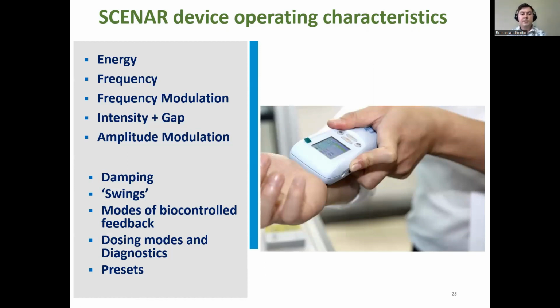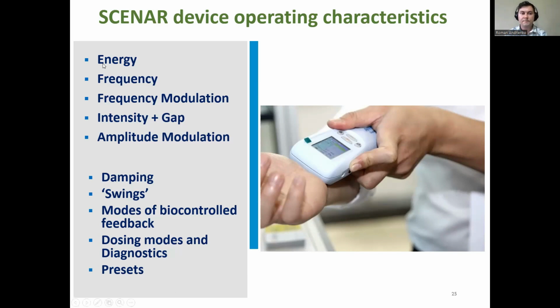There is a certain number of parameters that you can change in your main menu, and we call them manual settings. We will have a lot of time to talk about them later in this presentation.